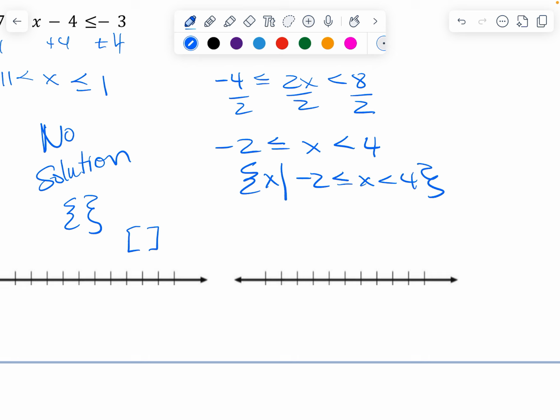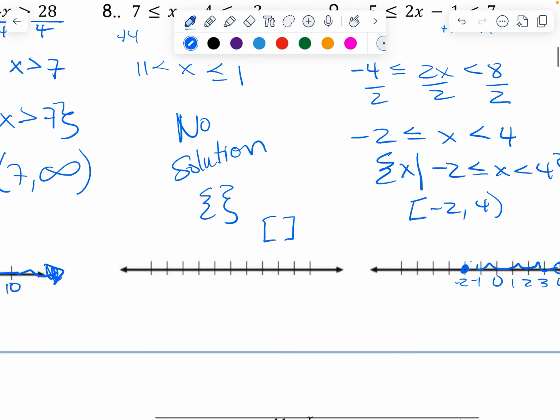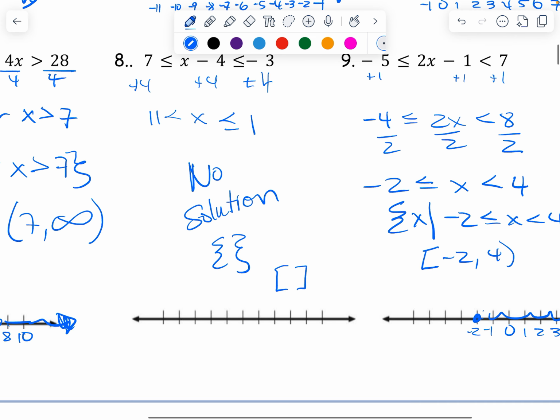Interval. So 0, 1, 2, 3, 4, and negative 1, negative 2, and all the stuff in between. Note, on the previous one, no solution. Notice how I didn't graph at all.